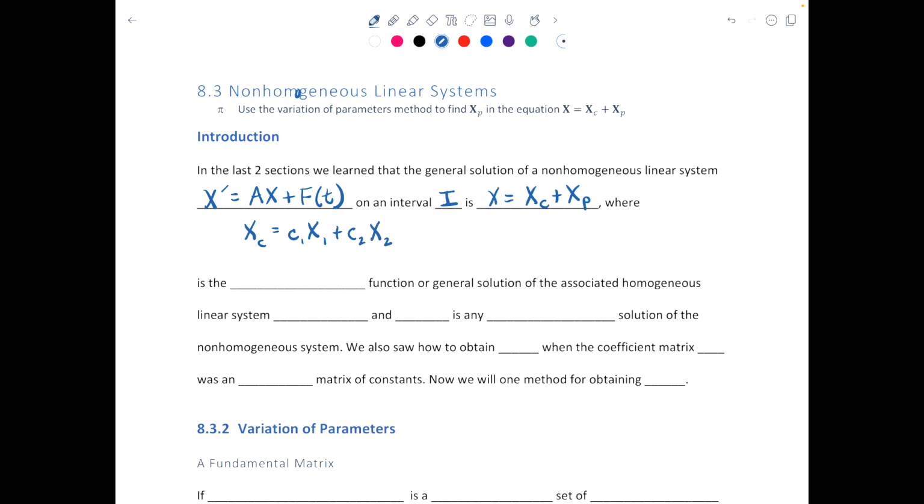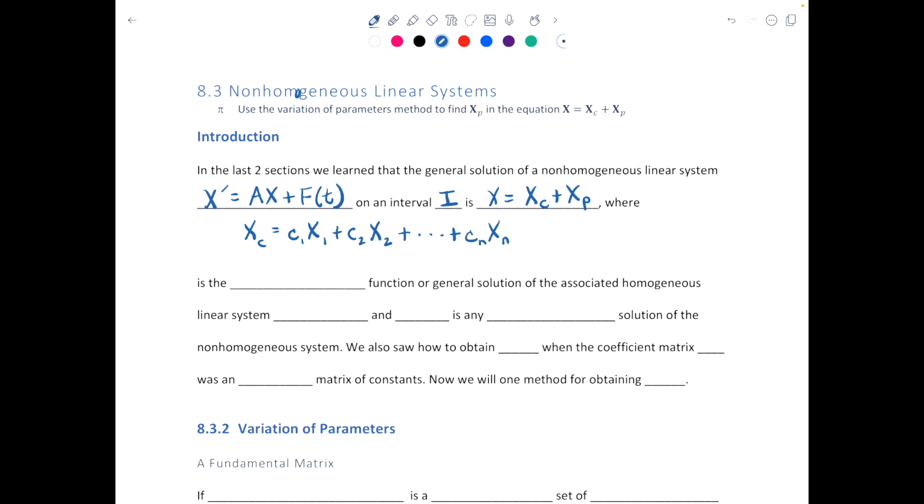Again, these are all column vectors or matrices. And then you'd keep going, except for the constants, they are constants, all the way down to cn times xn.